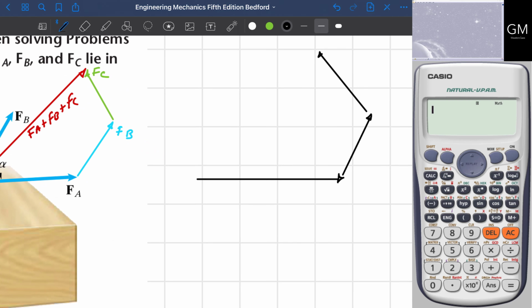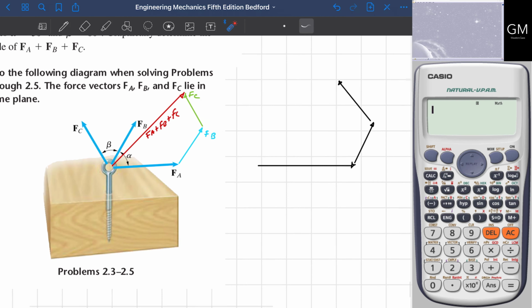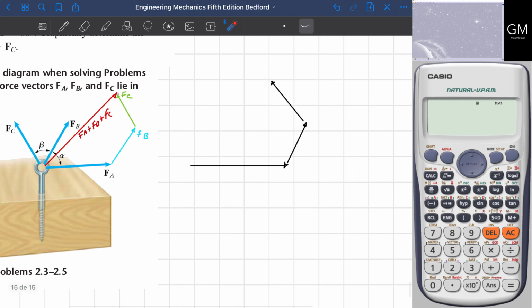So this is FA, this is FC, and the result will be this one, FA plus FB plus FC. Okay, and that is going to be the same result as the one that we are getting.